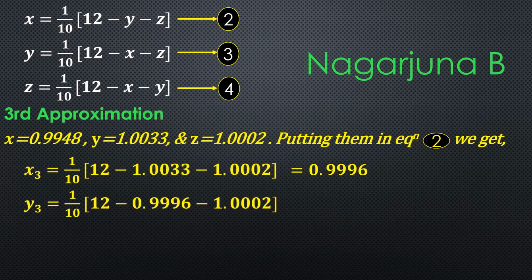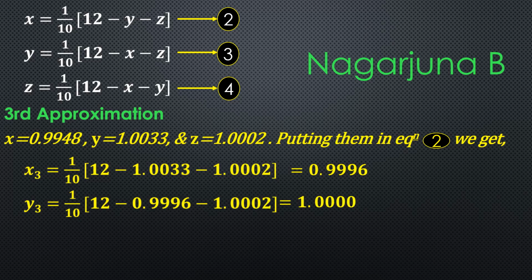In the calculator you can write, open the bracket, 12 minus 0.996 minus 1.0002, close the bracket, divided by 10, and that answer after rounding off to 4 digits after the decimal point is 1.0000, that is it is equal to 1.